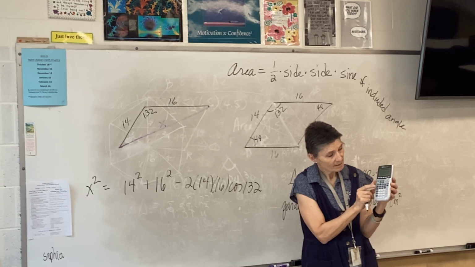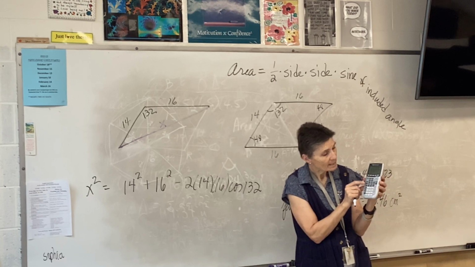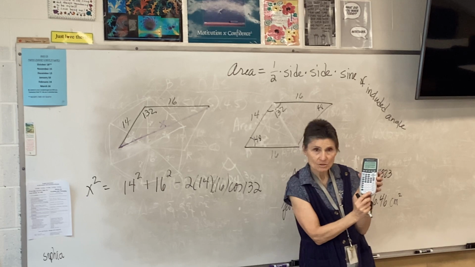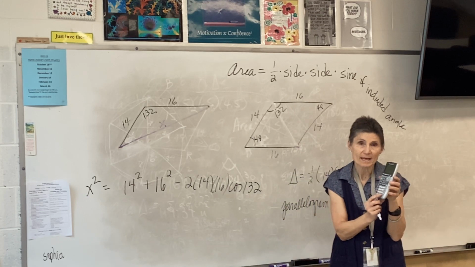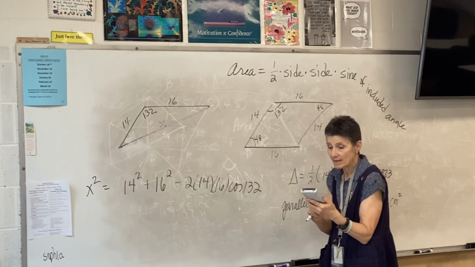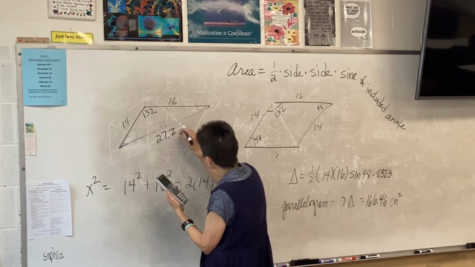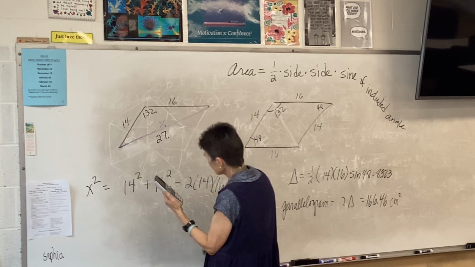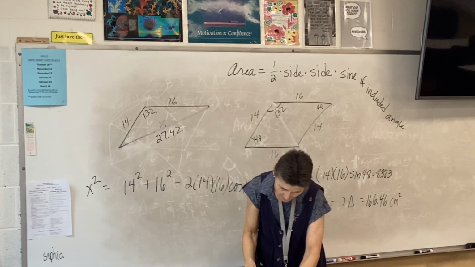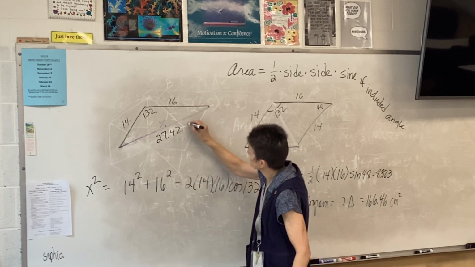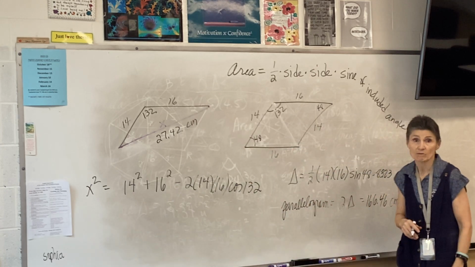So second square root, you see your square root symbol right there, and then second answer, which is your negative sign. All right, and then equals. So the length of that diagonal is 27.42. 27.42, and my unit is centimeters, not square centimeters, because we're not finding area, we're finding length.